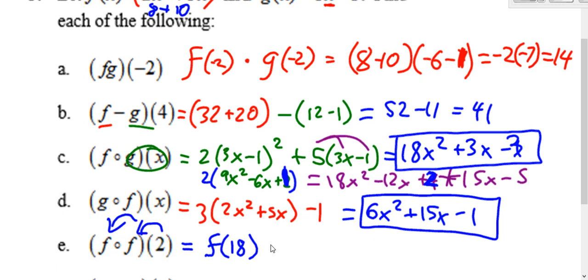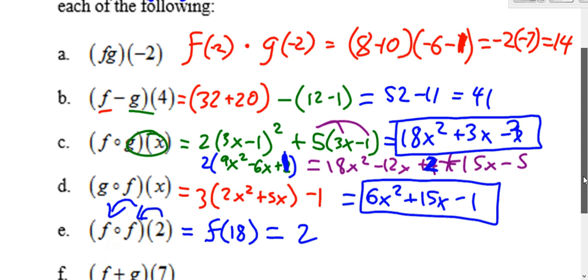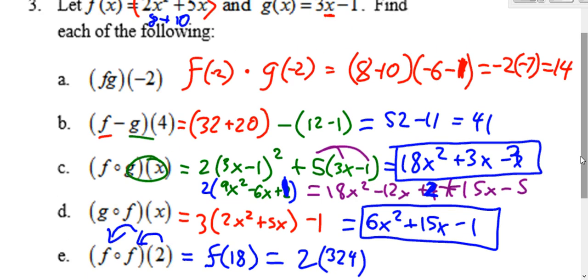Uh-oh, that's a big number. 18 squared is 324. And then plus 5 times 18.